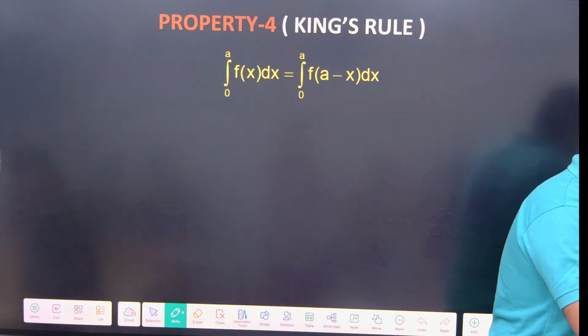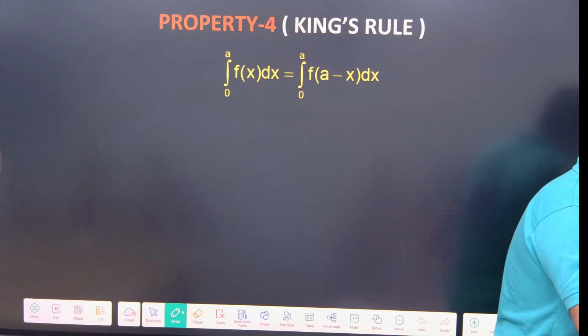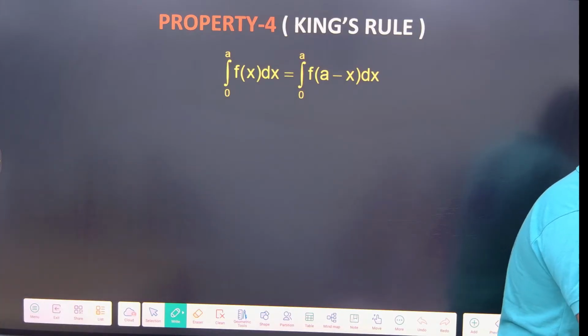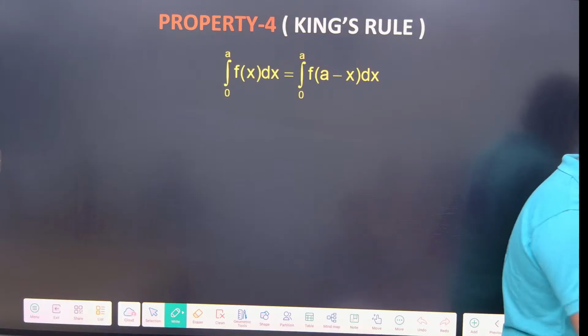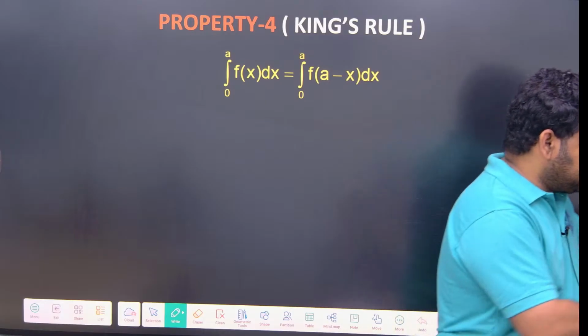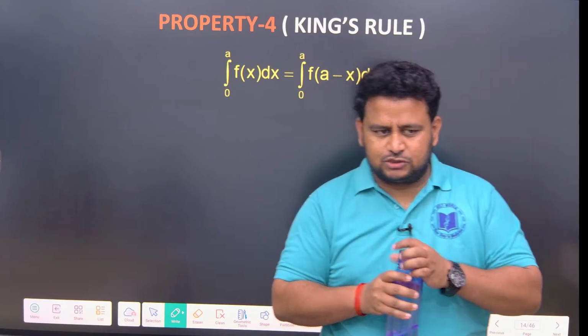Have all of you written this property? King's rule, very important.